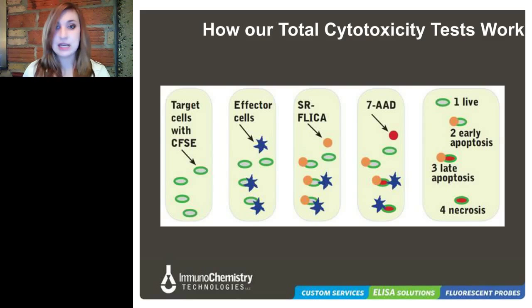Then finally, at the last step here, you'll run your controls and analyze using flow cytometry to quantify 4 different populations of target cells in each sample. So this includes cells in early apoptosis, which are not detectable by any other method. These 4 populations that we'll be looking at include live target cells, early apoptotic cells, late apoptotic cells, and necrotic cells.